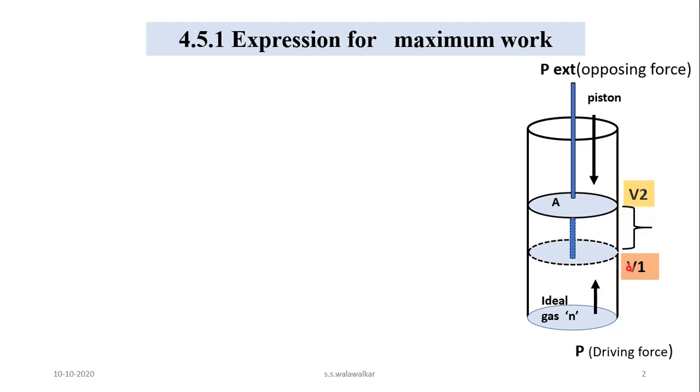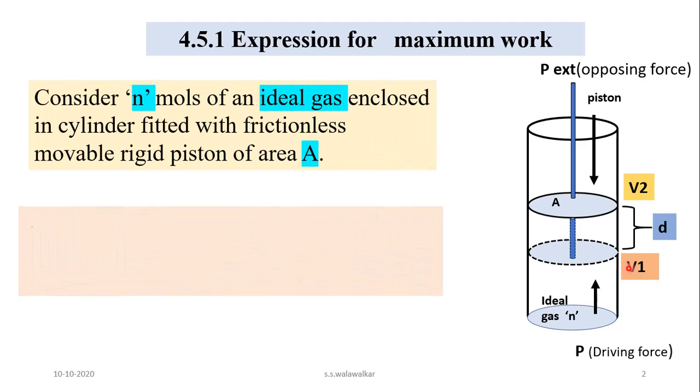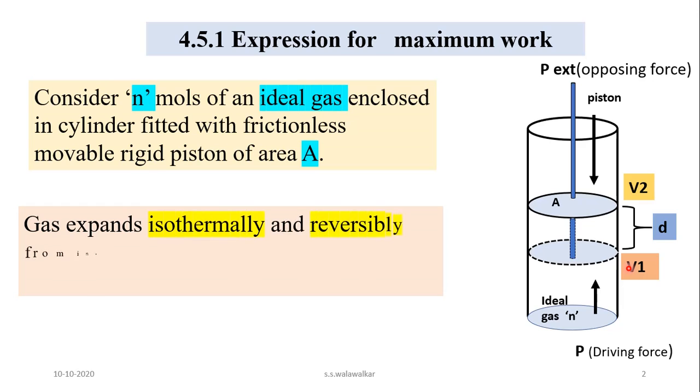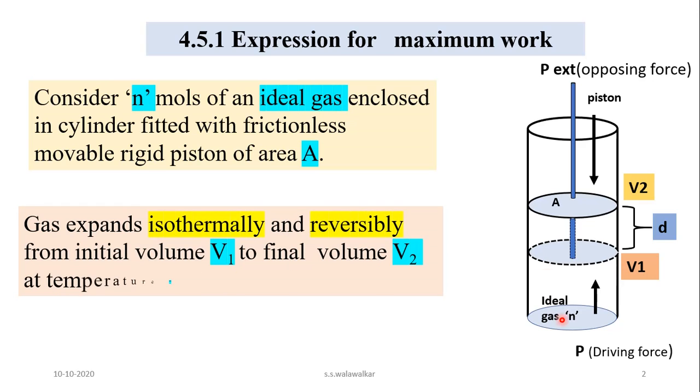Now this gas expands isothermally and reversibly. Isothermally means the temperature of the system remains constant. So the gas expands isothermally and reversibly from initial volume V1 to final volume V2.